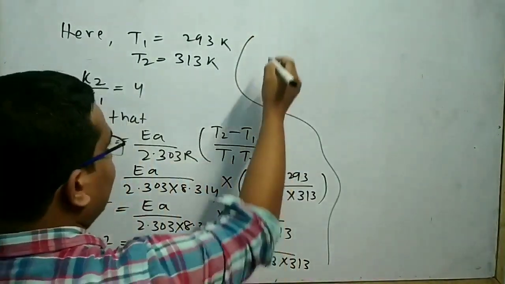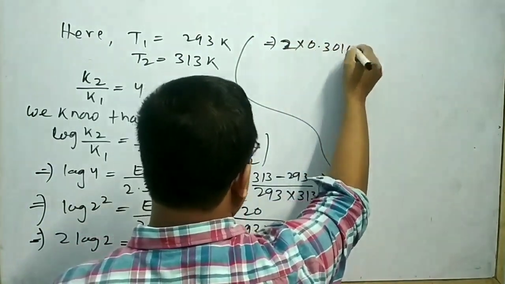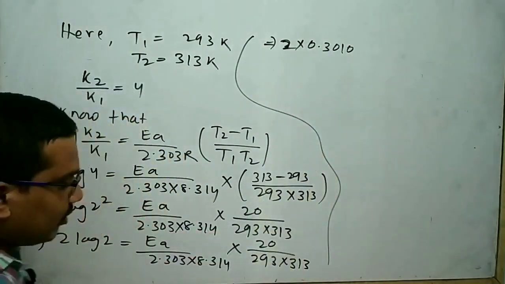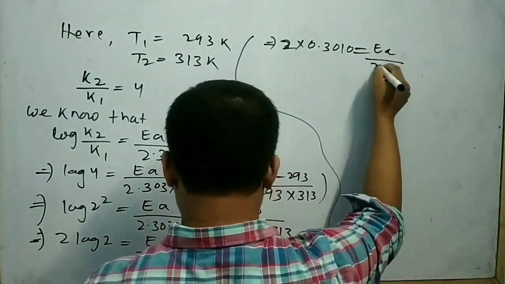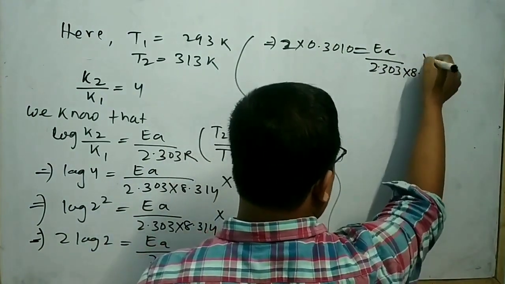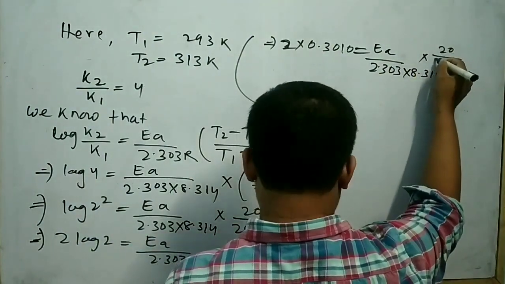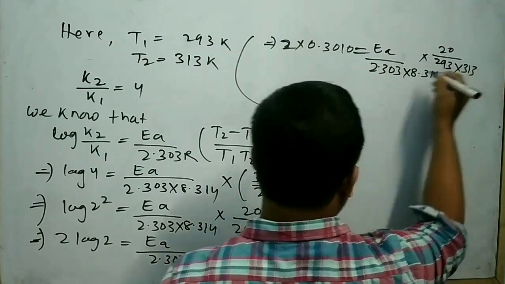Now I can write 2 into 0.3010, because the value of log 2 is 0.3010, is equal to Ea by 2.303 into 8.314 into 20 by 293 into 313.